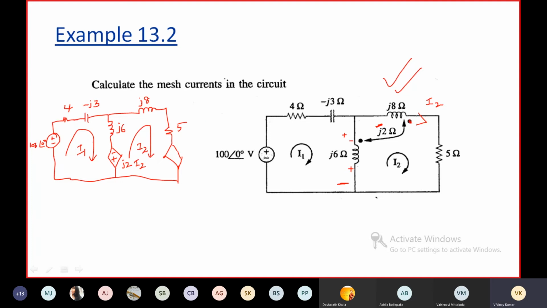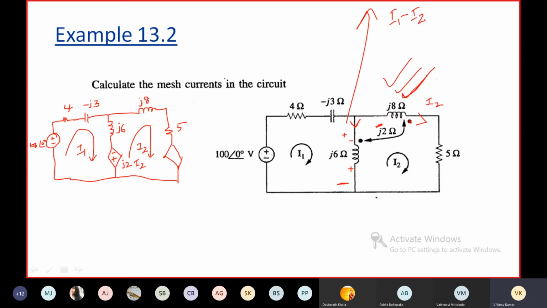Now coming to this, let us find the polarity first. You're going to find the mutual induced EMF in coil 2 because of the current flowing through coil 1. Now here, see, what is the current flowing through coil 1? The current flowing through coil 1 is in this direction, I1 minus I2.